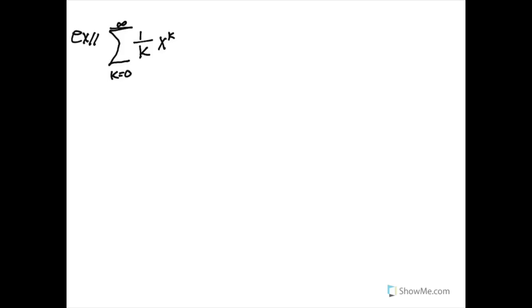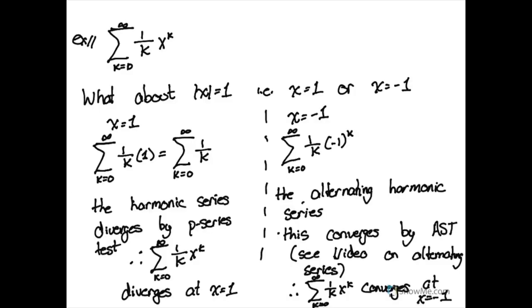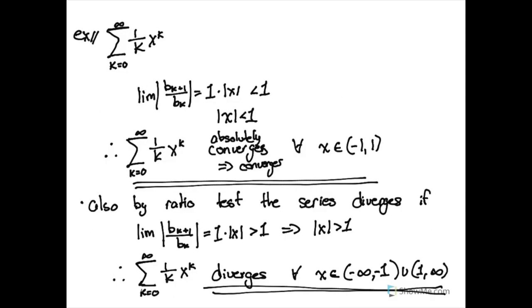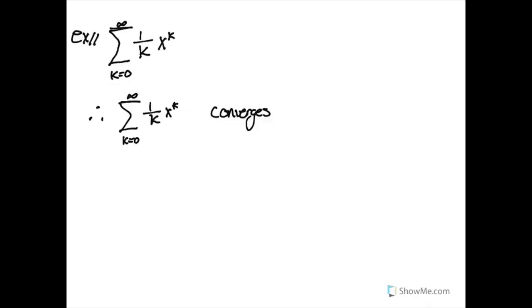So let's put all those things together. Therefore, the power series the sum of 1 over k, x to the k, from k equals 0, converges. So going back, it converges at minus 1, and it converges in the open interval minus 1 to 1.